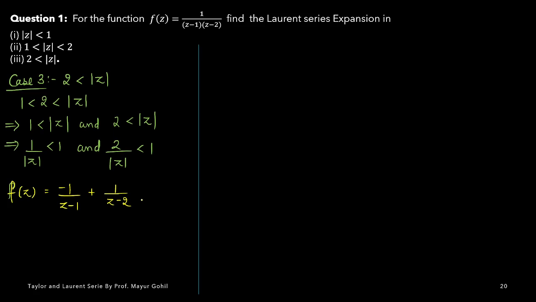This was the partial fraction we had derived. At any cost, now my job becomes that I have to establish 1 upon z over here and 2 upon z here. So I have to try to get that so that I can expand it. Otherwise, there is no way to expand.